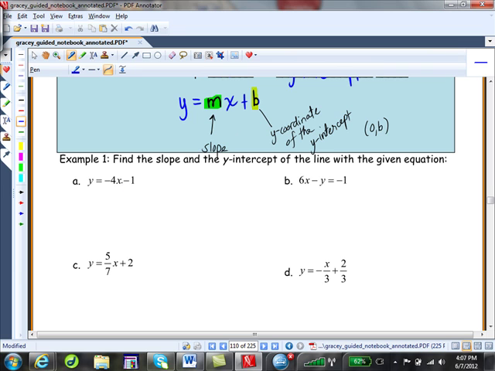So if you see a minus in front of the number that you think your b is, you have to include that. So we could actually rewrite this as y equals negative 4 times x plus negative 1. Do you see that that's equivalent? Good. So in this case, do you see b is negative 1 and m is negative 4? Right?